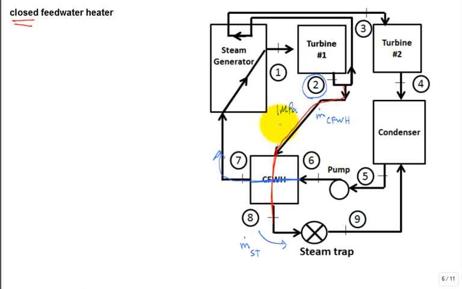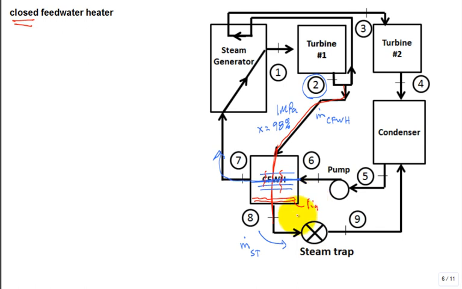And maybe some high quality, maybe 98% quality, right? So it comes in here and it condenses on the outsides of tubes where the cooler fluid is flowing through the tubes. And when it condenses on the outside of the tubes, it collects in the bottom as a liquid.